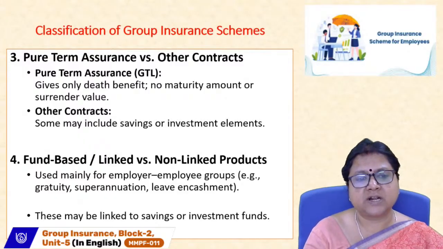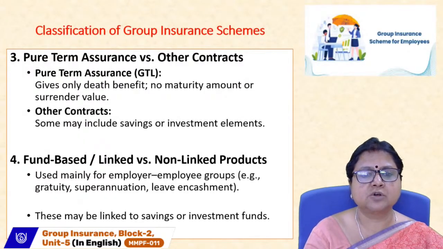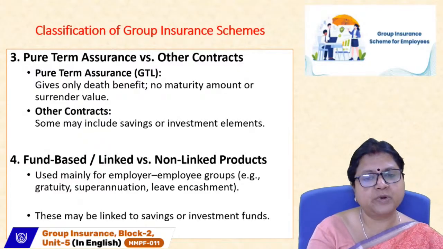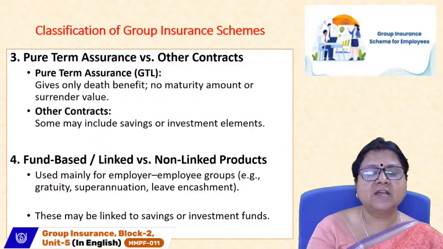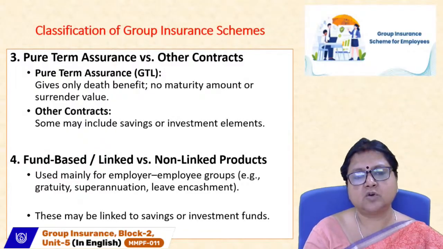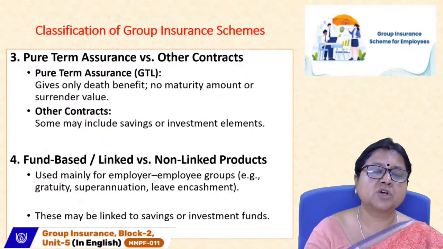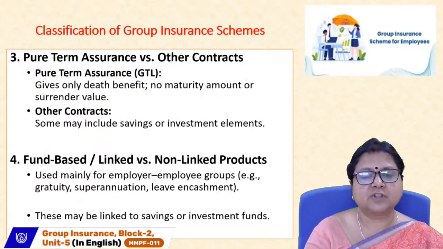Then there are other contracts, which might include savings or investment elements. There will be contracts where you put in your premium, and that will help the organization provide some sort of activities for the organization.